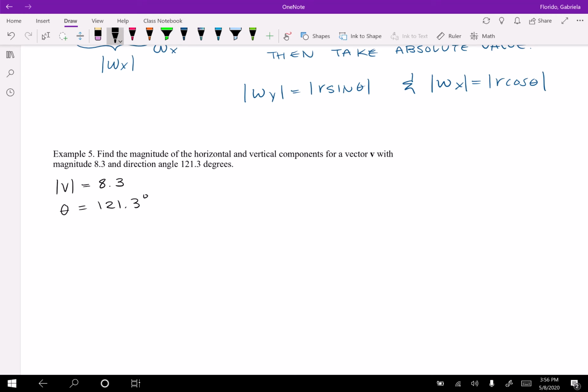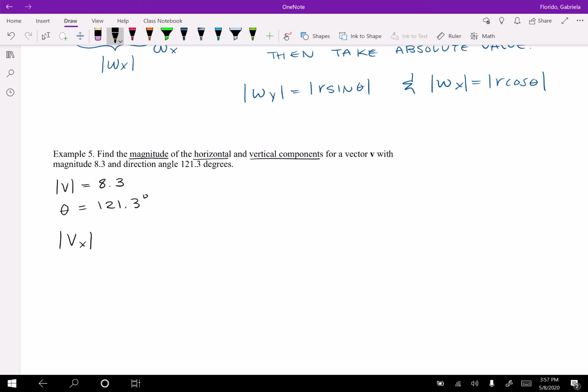So we're looking for the magnitude of my horizontal and my vertical components. So the horizontal component of vector v, we can denote it as vx, because we're not using w since we have a different vector, my vector v.